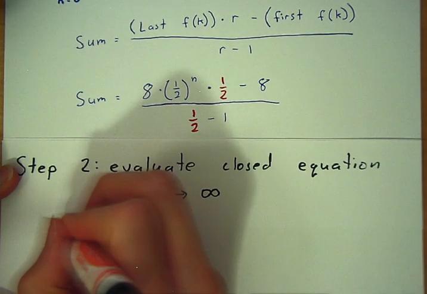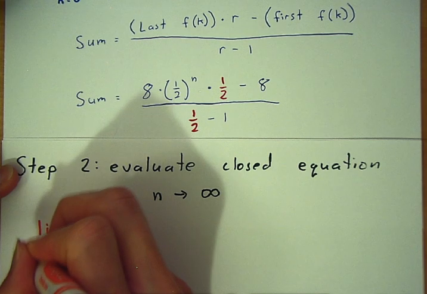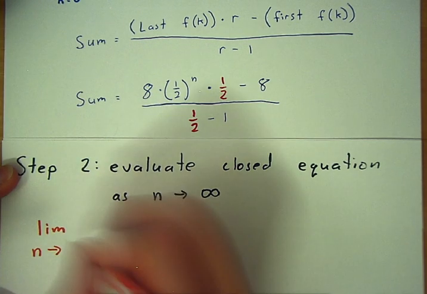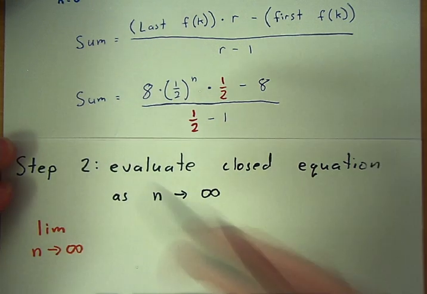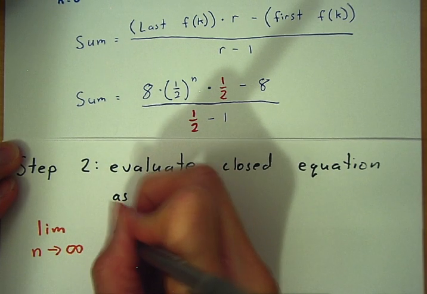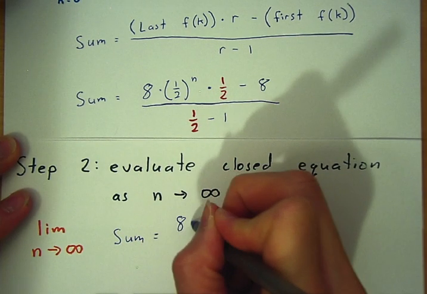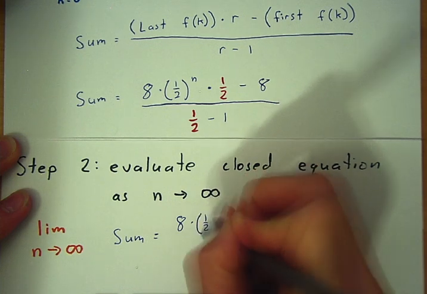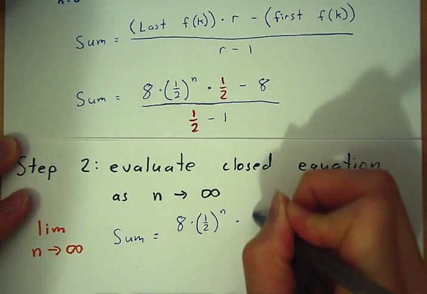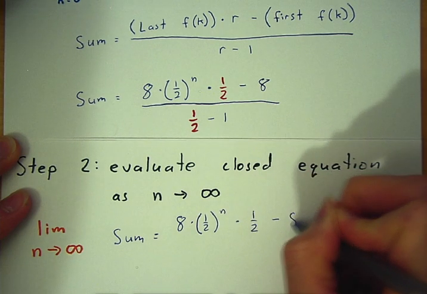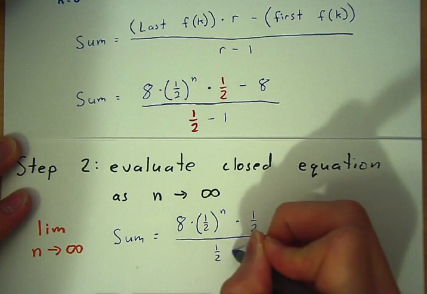We're doing the limit as n goes towards infinity for the sum equal to 8 times 1/2 to the n power multiplied by 1/2 minus 8, over 1/2 minus 1. Just copying this right now.